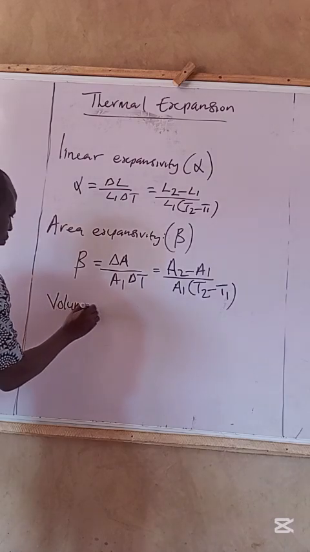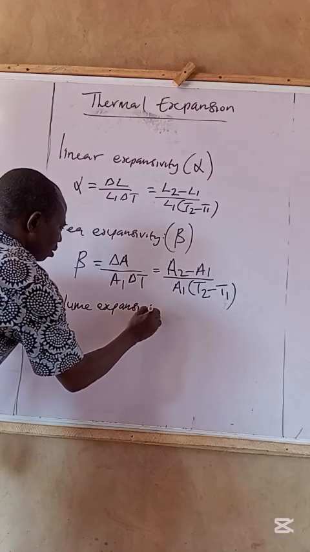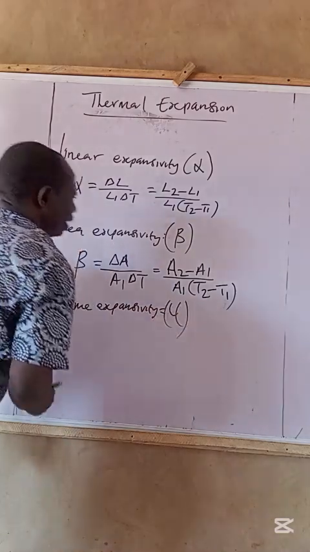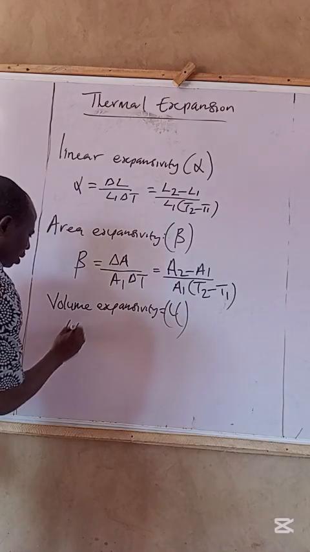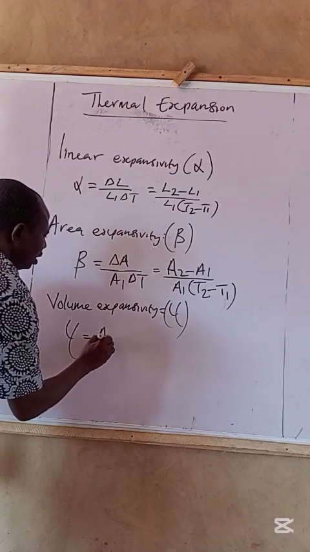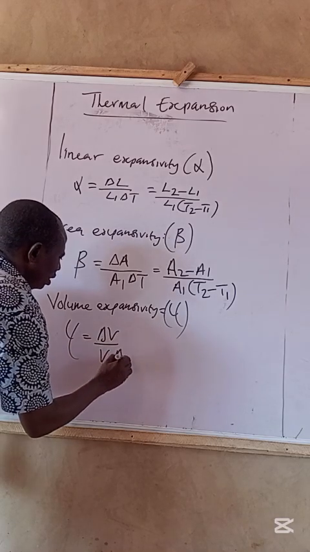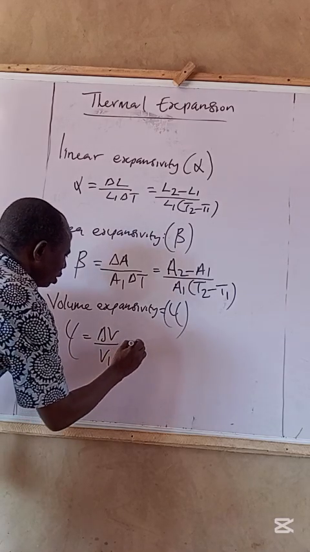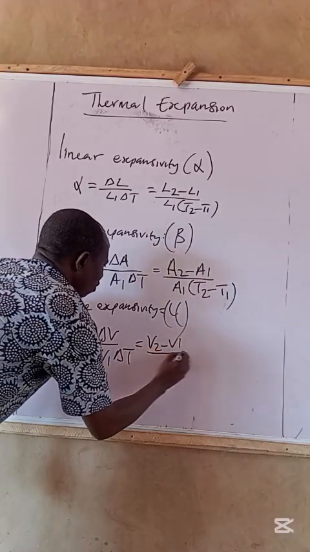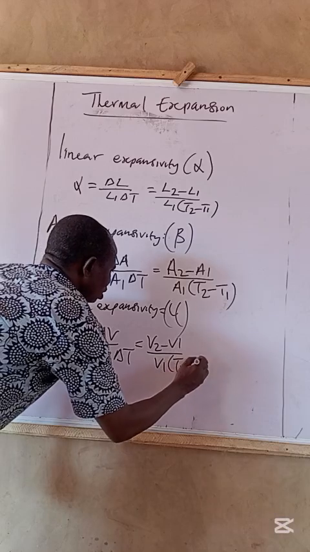Another one is the volume expansivity, which is gamma. That one is gamma, and it gives us change in volume over V1 times change in temperature. That is V2 minus V1 over V1 times T2 minus T1.